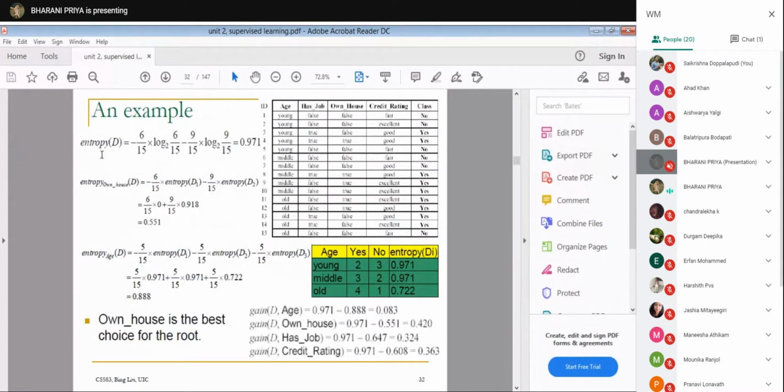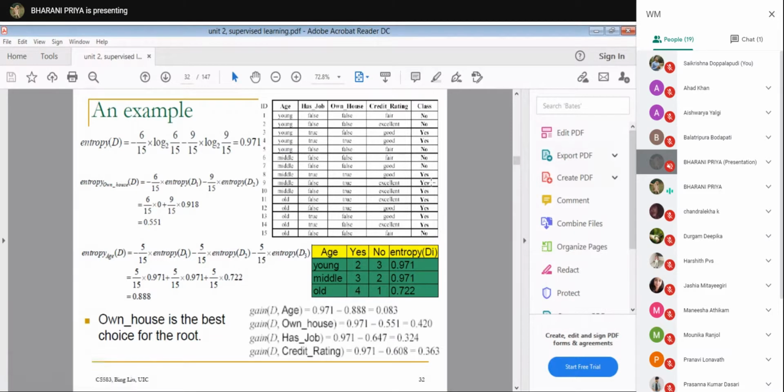So this is the data you have. First, starting with entropy of D. Entropy of D means we are calculating on class labels. Okay, so totally you have two class labels, no and yes, so you will have two values. One is this, one is this. 9 by 15.